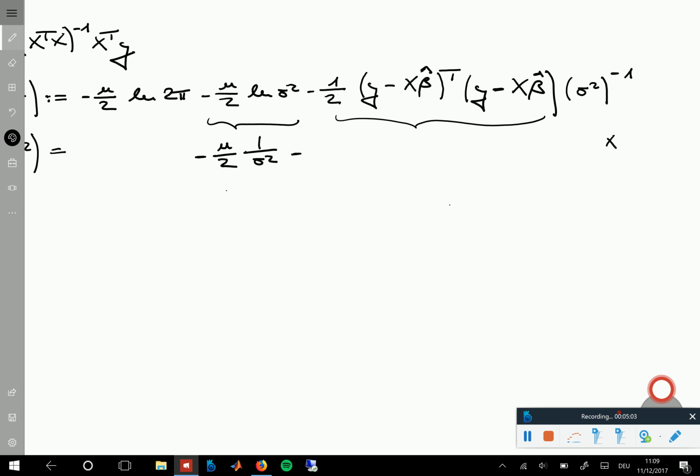So what is the derivative of a function where you have x to the power of minus 1? X. Yeah, so minus, that's true. X, that's also true. And square is also true.